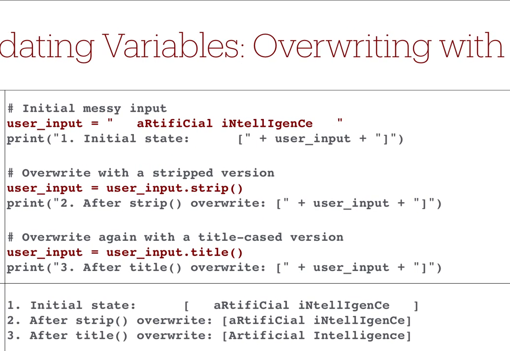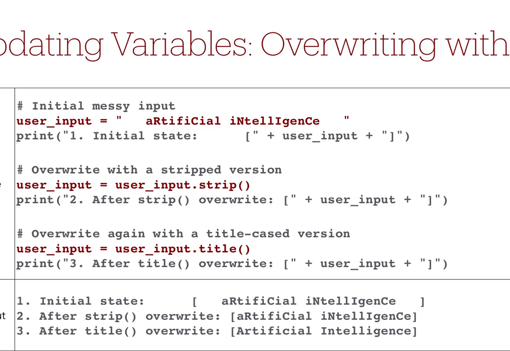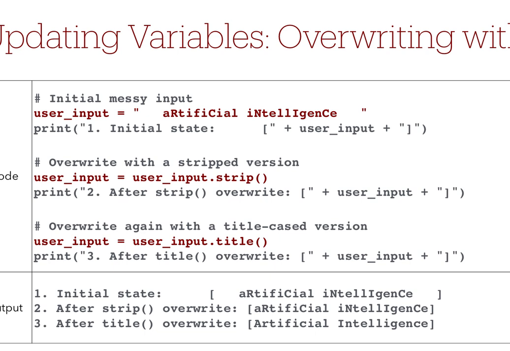So let me explain this one. Now, as I said, this strip function will eliminate only white spaces in the beginning and at the end. So if some variable has spaces like this, and if I just print user input, then it has some spaces.